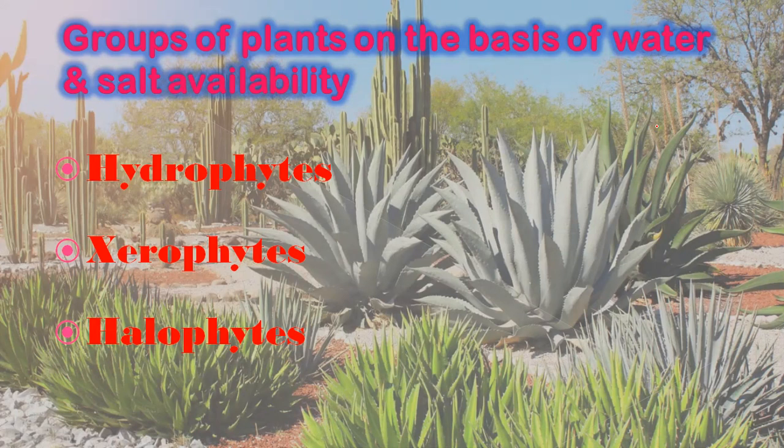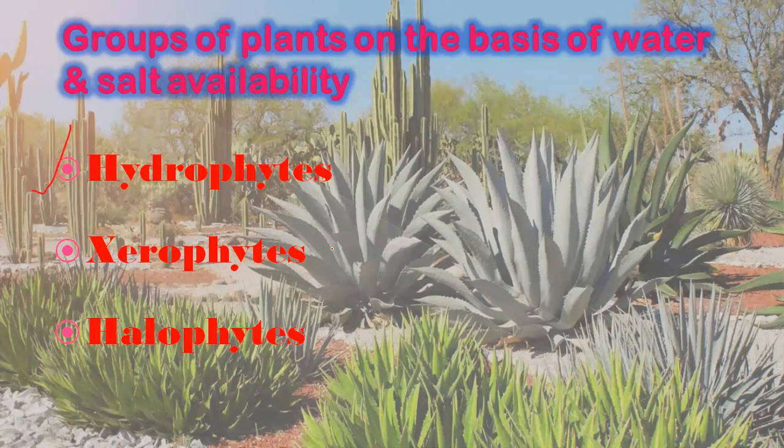If we talk about osmotic adjustment in plants, we see that there are three types of plants according to their habitat and on the basis of water and salt availability: those in more water, those in dry places where there is scarcity of water or no water, and those present in saline water, like in oceans and coastal areas.